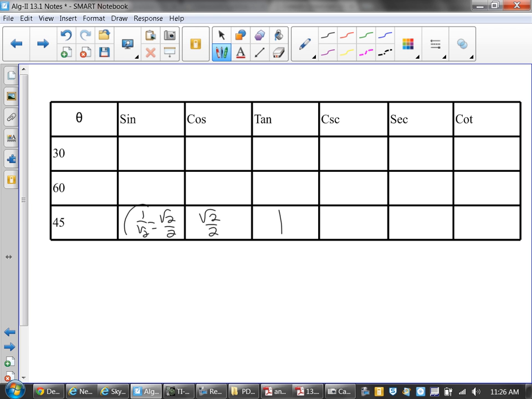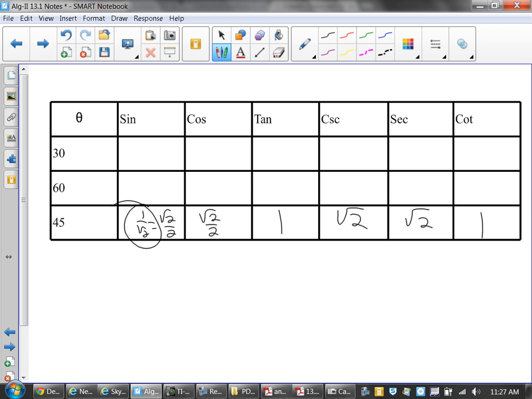So if the original was 1 over root 2, what would be the inverse of that? Just root 2 over 1. Wouldn't that be also the same thing for the secant? Yep. And what would be the inverse of 1? Again, what we're looking at being able to do here, guys, is I just want you to define out what is it going to look like when you flip fractions.